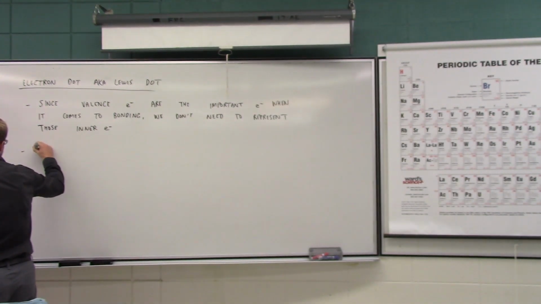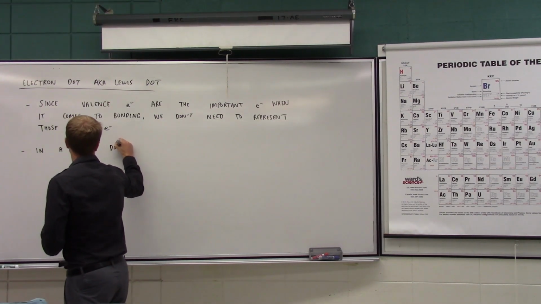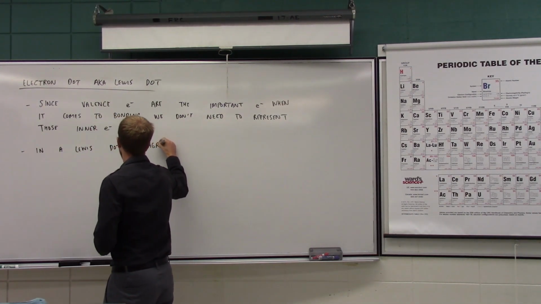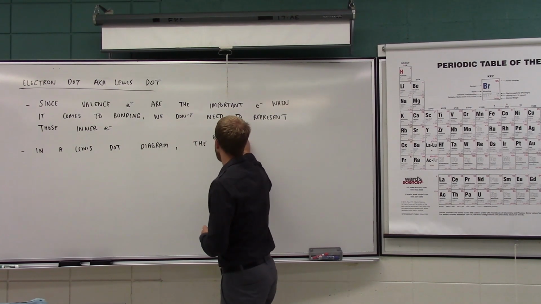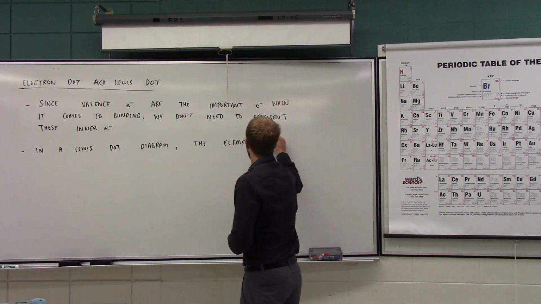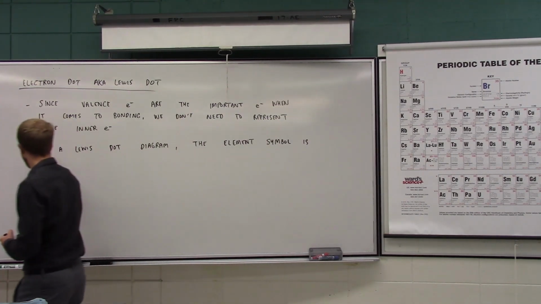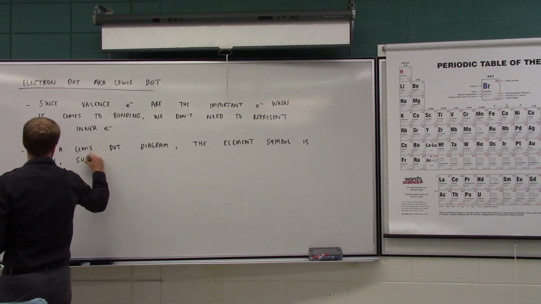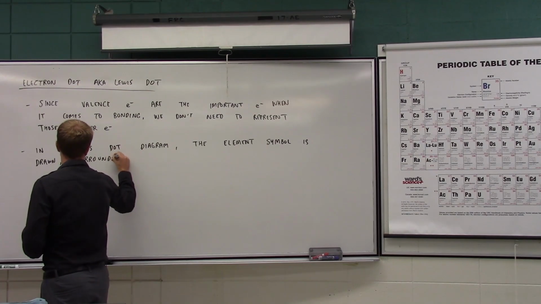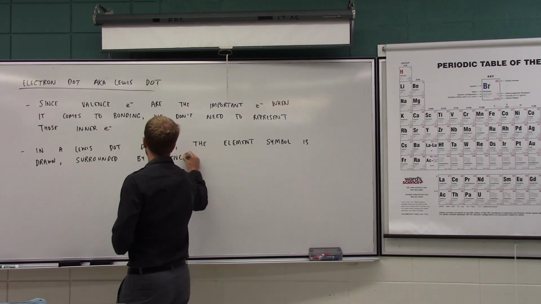Well, in a Lewis dot diagram, the element symbol is drawn surrounded by valence electrons.